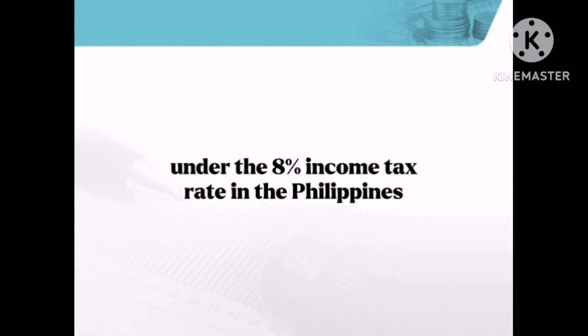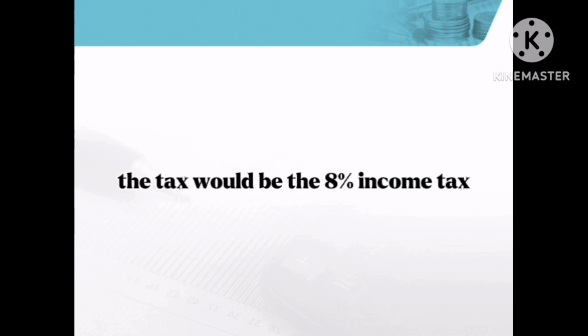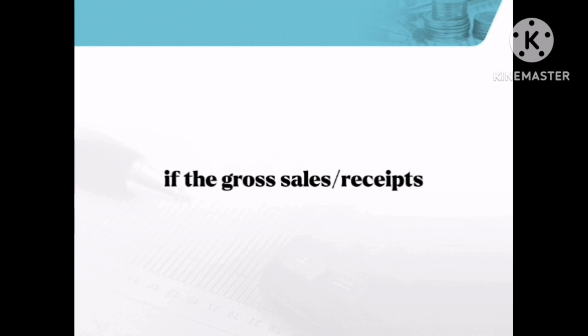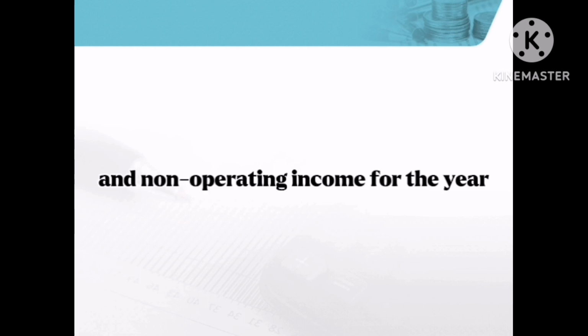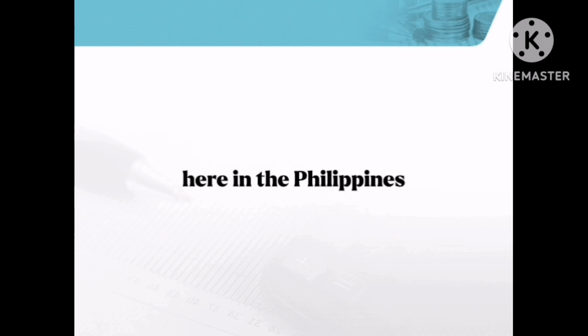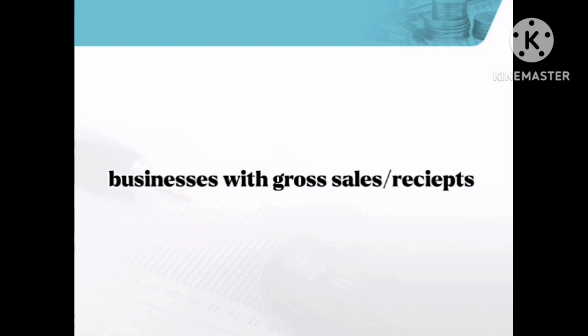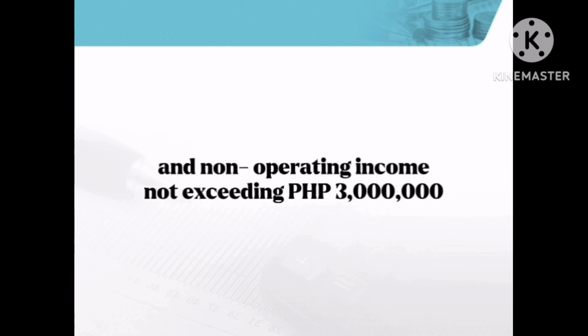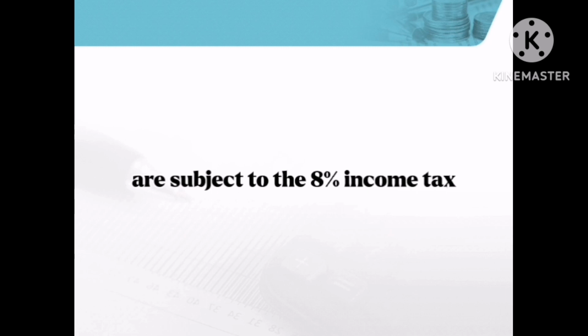Okay, so yes, the tax would be the 8% income tax if the gross sales, receipts, and non-operating income for the year did not exceed 3 million pesos. Here in the Philippines, businesses with gross sales receipts and non-operating income not exceeding 3 million pesos are subject to the 8% income tax.